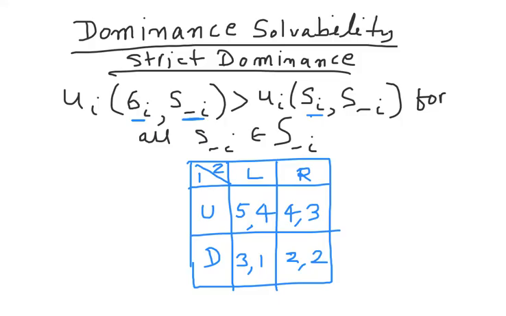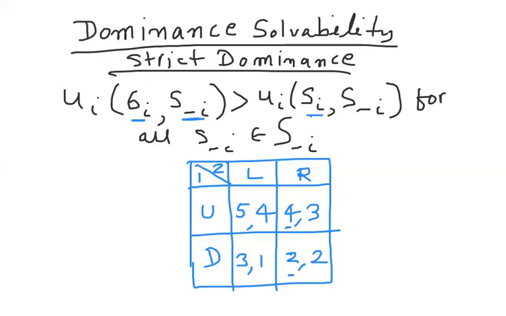So let's say player one plays up, right? So if player one plays up and player two plays left, player one gets 5. And if player one plays down, then player one gets 3 when player two plays L, right? So clearly up is better than down when player two plays L, for player one. And again, up is better than down when player two plays right, because player one gets 4 with up and only 2 with down.